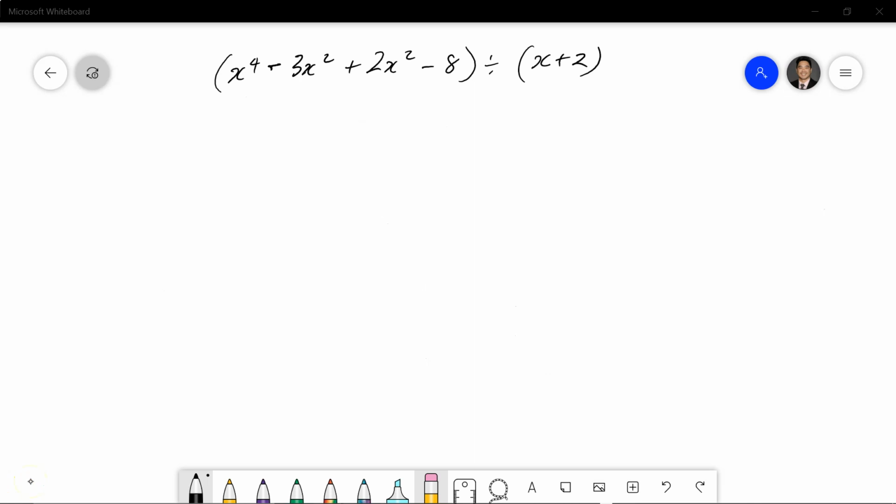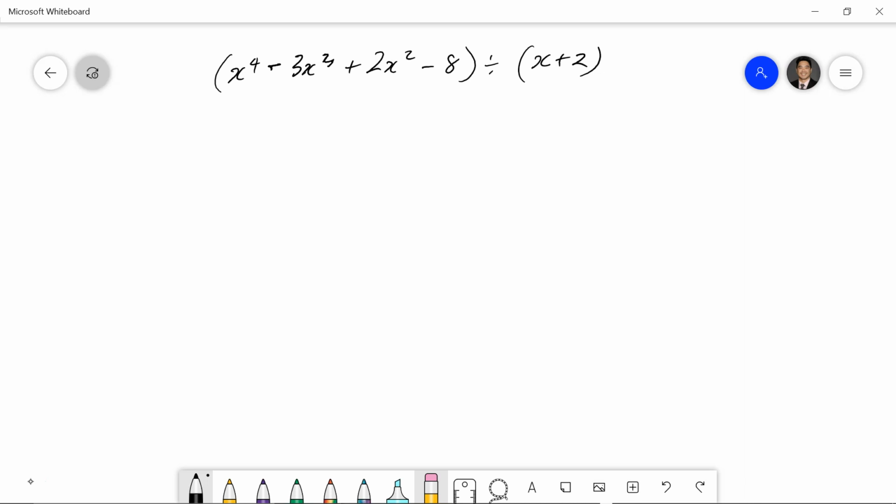Okay, with this example, we've got an even bigger polynomial with a degree 4. But what's different about this particular question is that we've got an x to the power 4, we've got a 3x to the power 3, we've got a 2x to the power 2, but we don't have just a regular x.